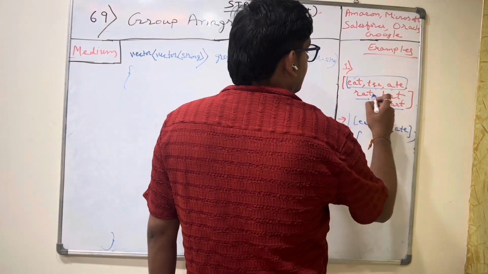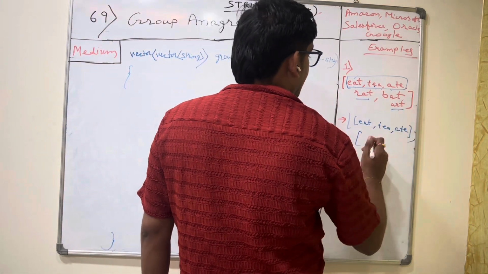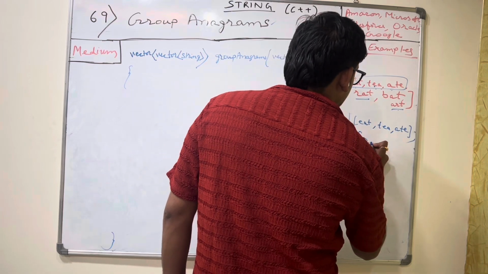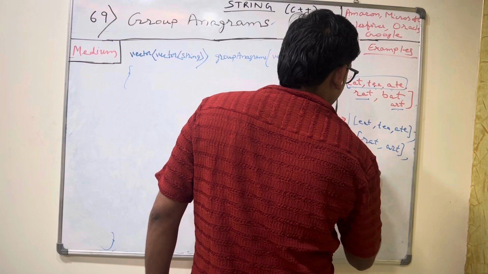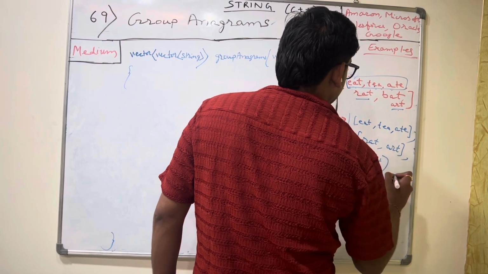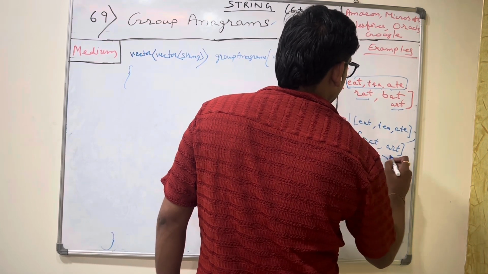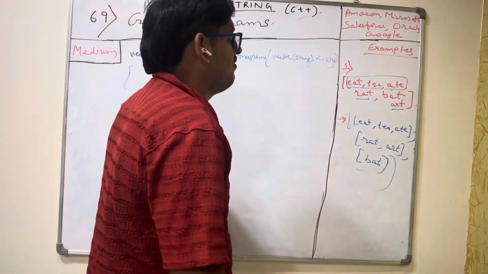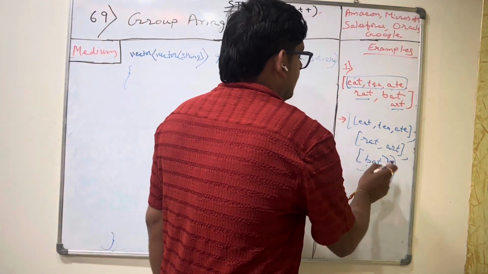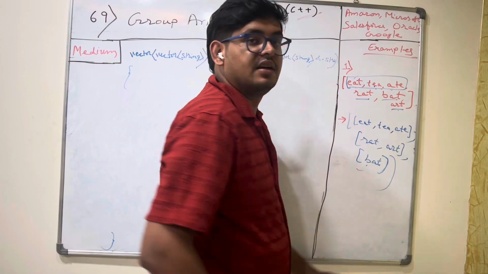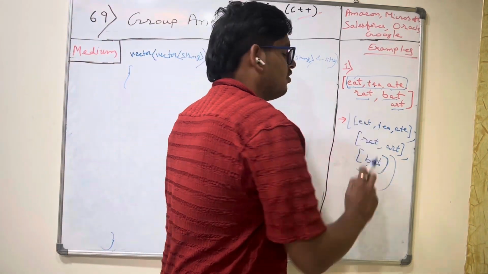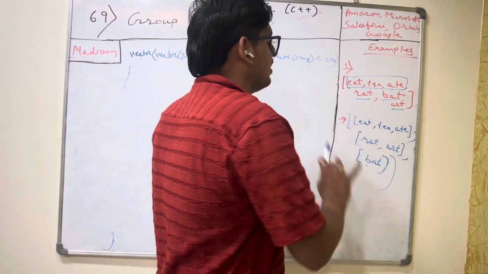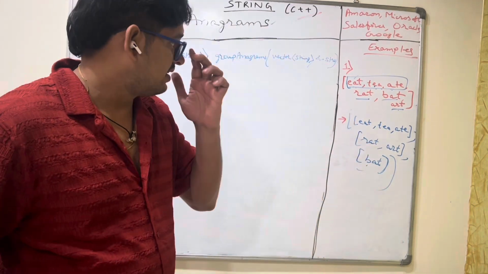We can rearrange rat to make it art or vice versa. So rat and art will come together and bat will come alone as a vector of strings, since there is no other anagram which can be made from bat. Okay, so our answer is this, and we should not be worried about the order. It can be written in any order. It's given in the question, right?